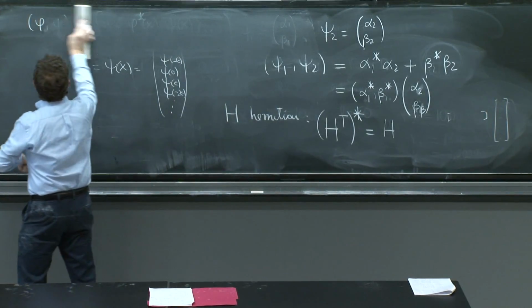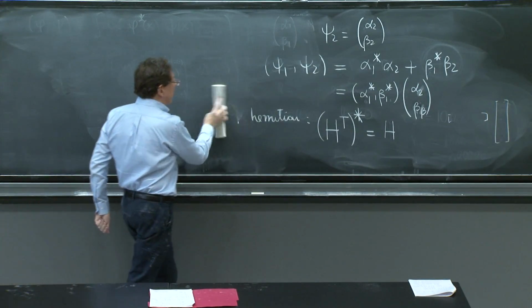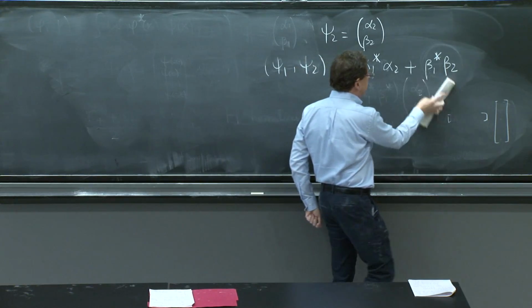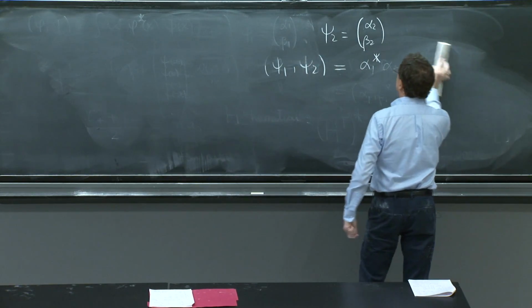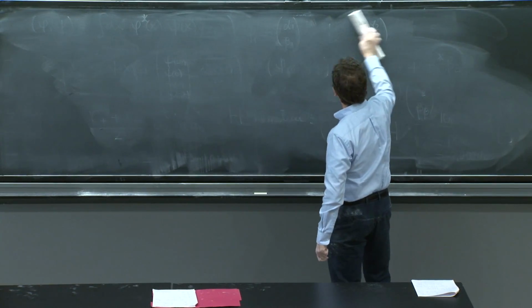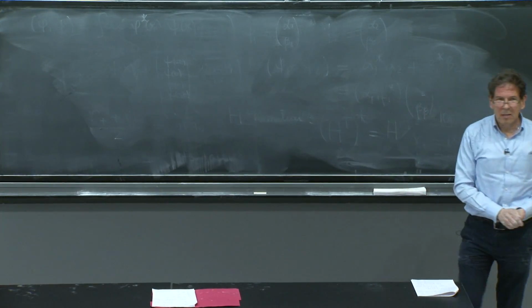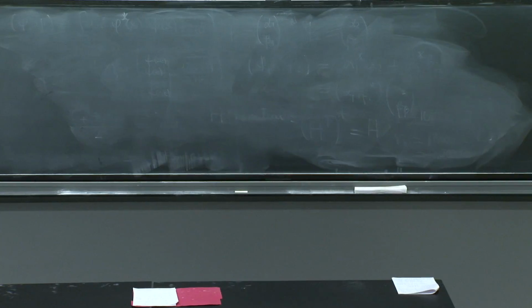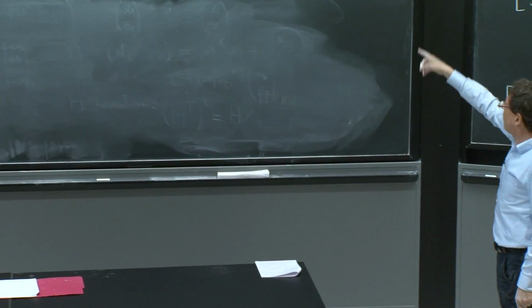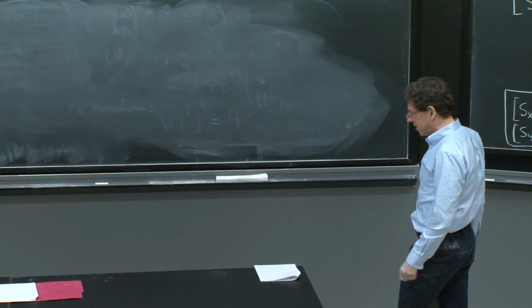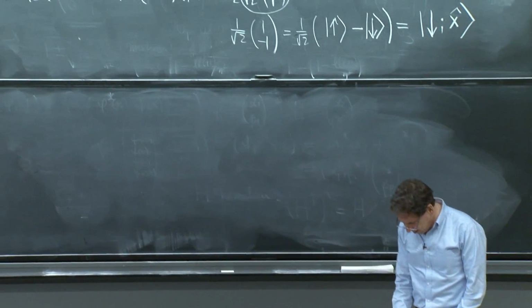So finally, you would say, well, I'm going to push my luck and try to get spins along the y direction. But I now form those linear combinations. What else could I do?